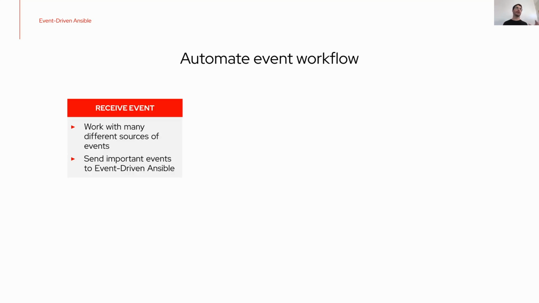So in an event-driven workflow, we have an event that gets received, and this can be a lot of different kinds of events. I think we have at the moment 20 or 30 officially supported kinds of events. But then obviously you can write your own or find more from other community people or vendors.